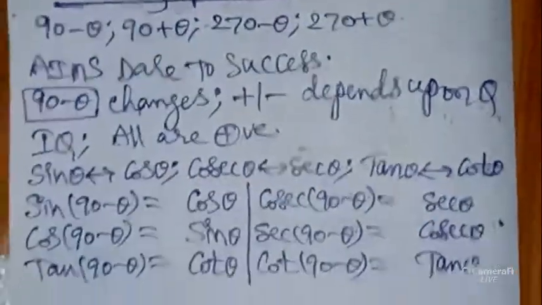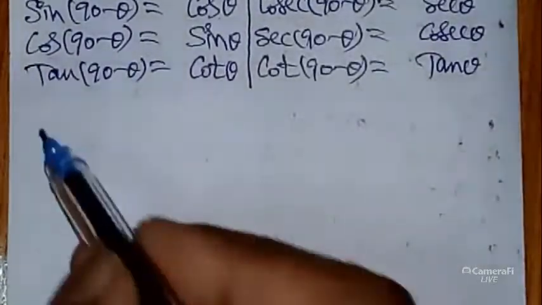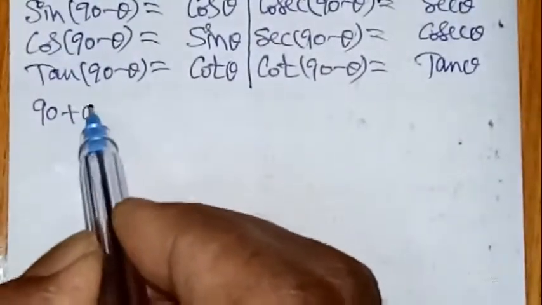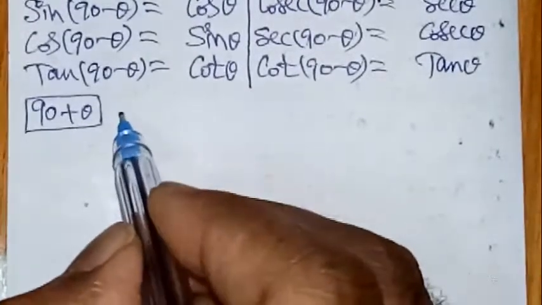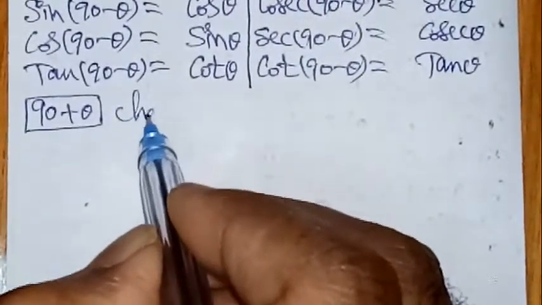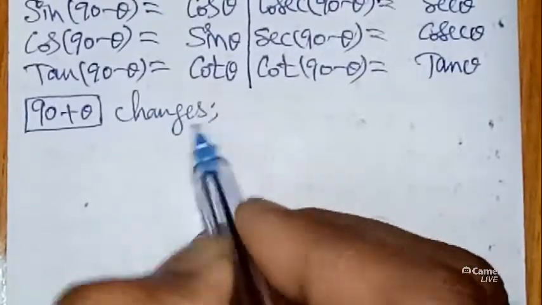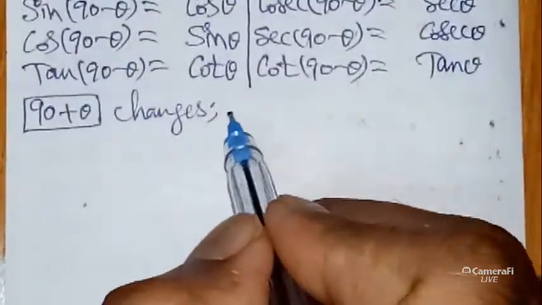90 plus theta. Now I wanted to write here 90 plus theta related values. 90 plus theta means first our logic is changes are applicable.